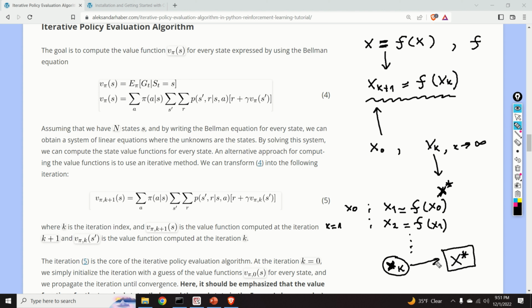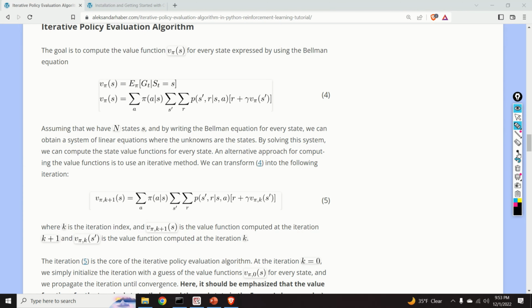Again, the convergence is not always guaranteed. It depends on the properties of this function f. However, in the case of the Bellman equation, we can use this fixed point iteration to iteratively solve the Bellman equation, that is, to compute the value function. Okay, so let's use this trick to solve our Bellman equation.